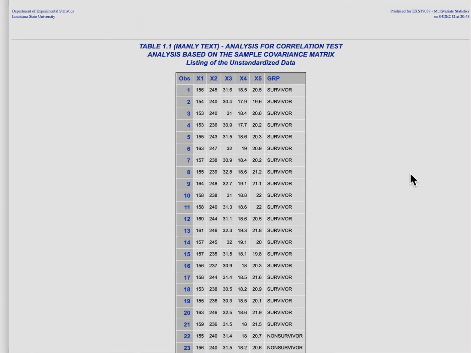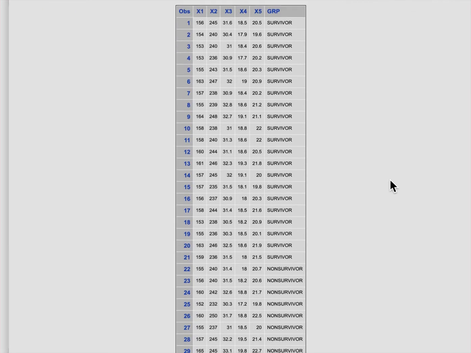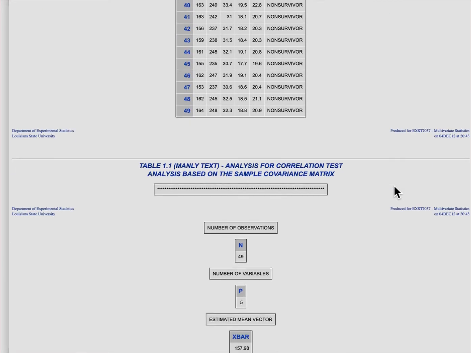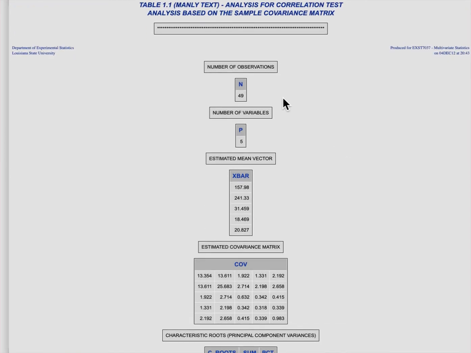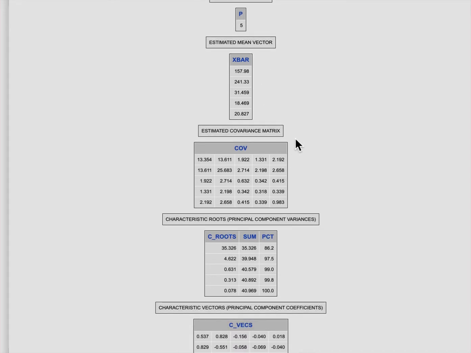You saw a similar kind of analysis in the previous example using PROC IML to calculate the values of the test statistics and carry out the hypothesis test. And so here I'm using PROC IML to summarize the data. I've got 49 observations. There were 49 birds. There are 5 response variables. The estimated mean vector is given by this vector I'm calling x bar. The estimated covariance matrix, which I'm calling cov, is given here.